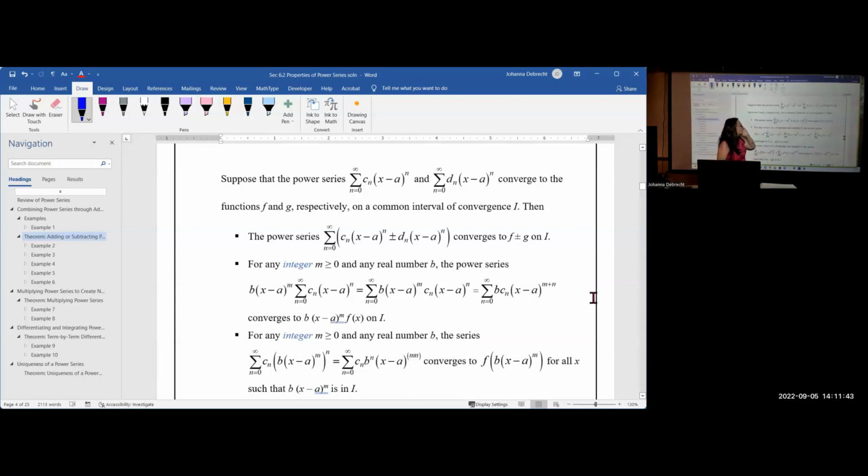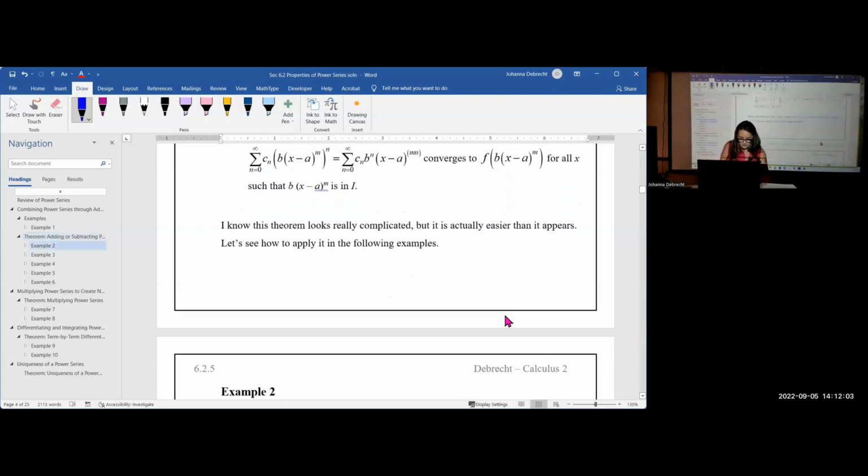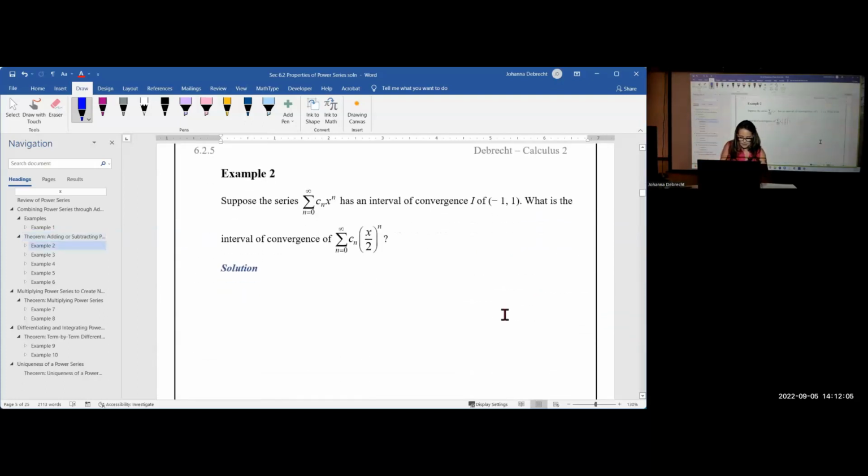So where the base of the exponential part is x minus a instead of just x. And again, the conclusions are the same, all right? So again, we have this situation applying whether it's centered at 0 or some non-zero value a. Let's take a look now at how to apply it in example 2.